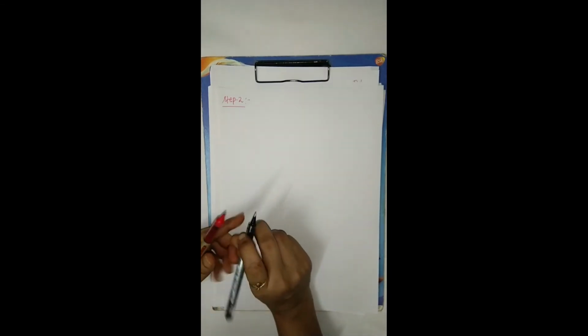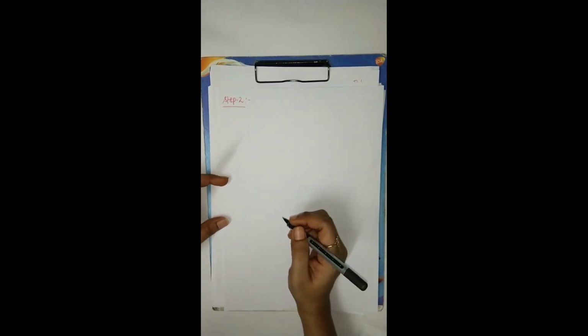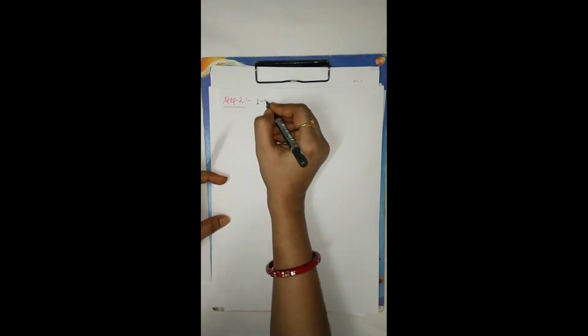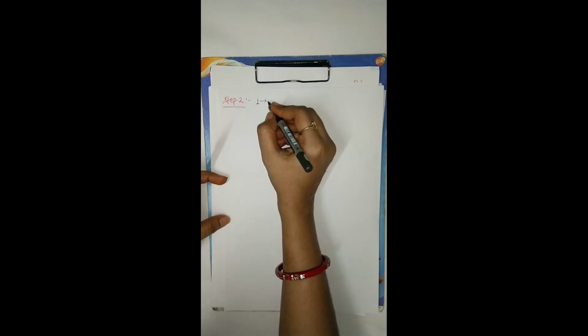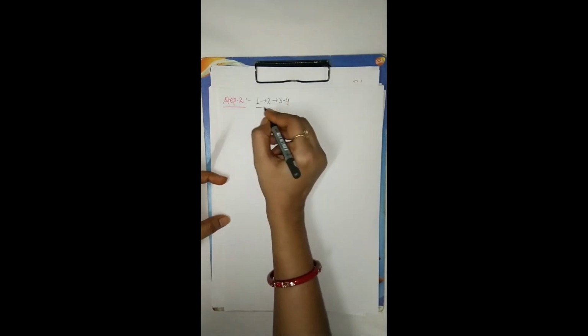We have to move our eye either in clockwise or in anti-clockwise direction. Always move according to the priority sequence from 1 to 2, 2 to 3, and 3 to 4.